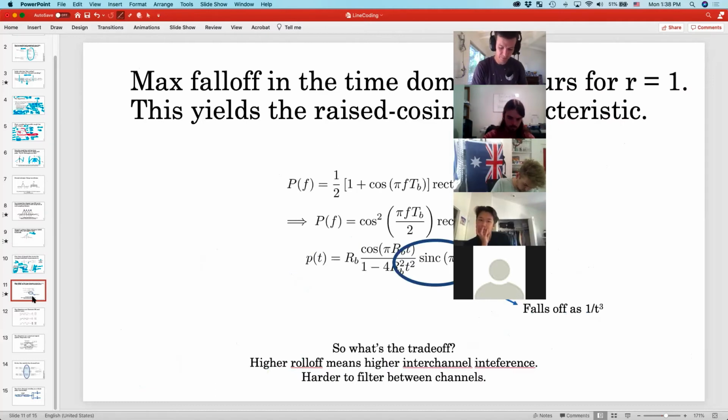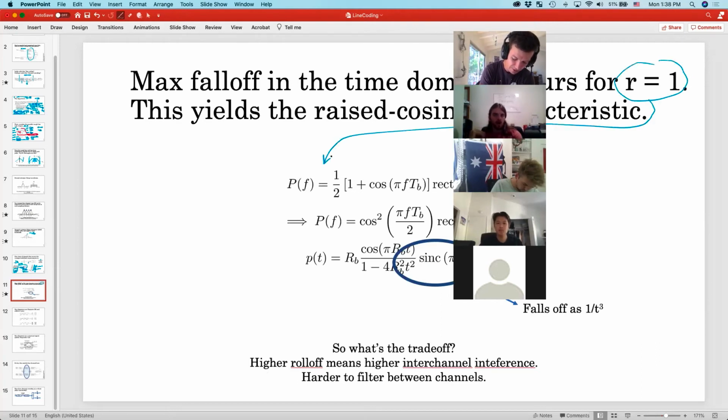So again, this is what I was talking about, picking r equals 1. And this actually leads us to, if you have done any communications modeling, or maybe you're doing this in 456, what's called the root raised cosine, or just the raised cosine filter characteristic. So the idea is, if I let little r be 1, then the expression from the last slide reduces to this.